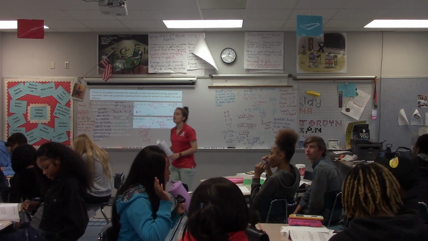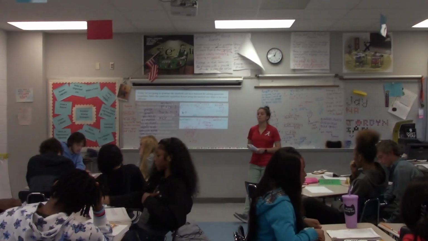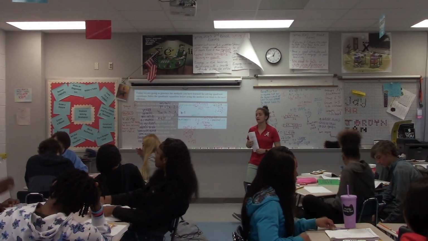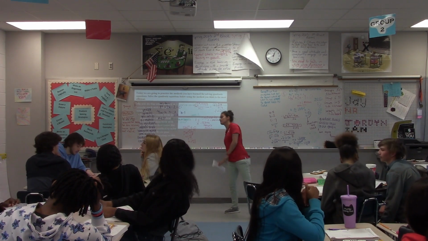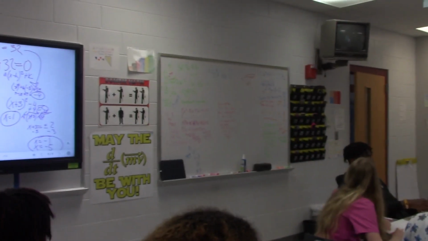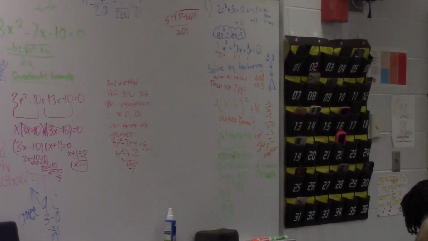Alright guys, so we're going to go through each group and y'all are going to be the ones that explain what is the most efficient way to solve the quadratic and why. Group one is right here. Y'all have the equation in blue at the top. How did y'all know which method to start with?